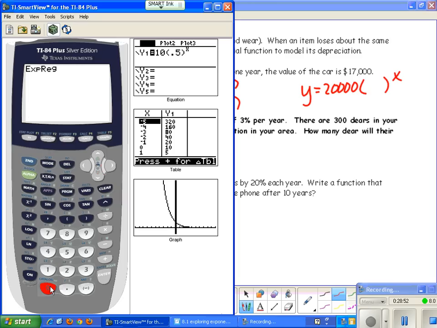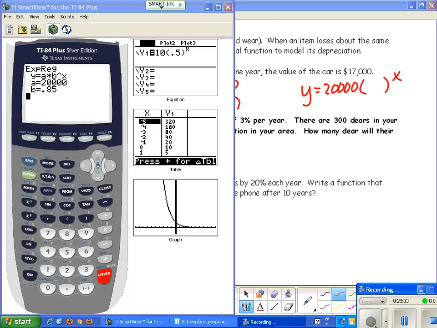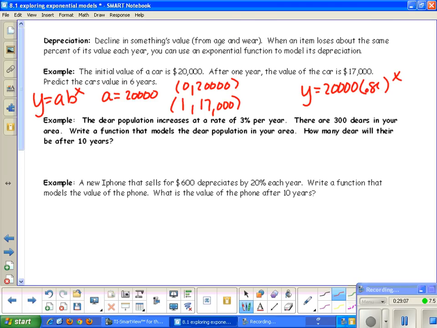Exponential regression, enter, and notice I get, oops, I put too many zeros in there, I didn't realize. And this is the equation that we end up with. So I'm going to put 0.85 here.